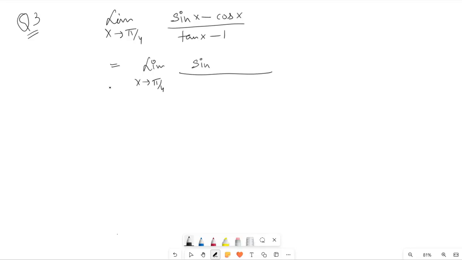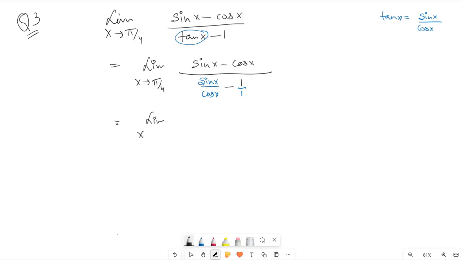So numerator, I'm not doing anything, but this tangent can be written as sine x by cosine x. So if you remember from your trig, tangent x is equal to sine x by cosine x, minus 1. Now this 1 I can write as 1 by 1.